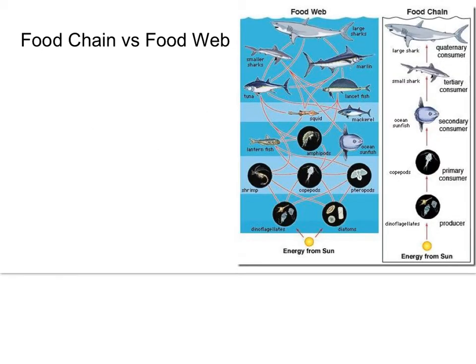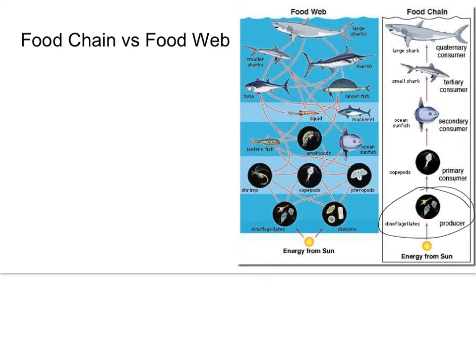We've talked about this before, and I'm sure you've heard both of these terms from me, but let's talk about the idea of a food chain versus a food web. A food chain is a linear path from producers. Let's talk about dinoflagellates, which are photosynthetic protists that can make sugar.